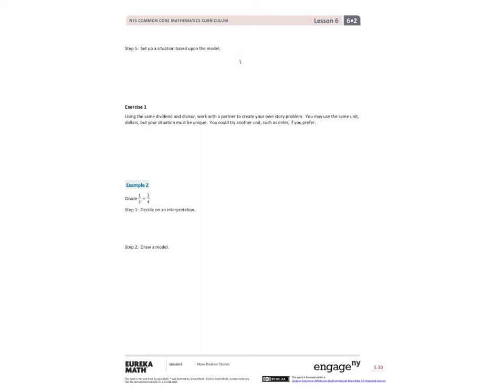Did I lose part of the page? I think the situation, so this is the story right here. That's what we just wrote. So exercise 1 says using that same dividend and divisor, work with a partner to create your own story problem. I mean, you could do that or do it on your own. Let's go ahead and work with 2.